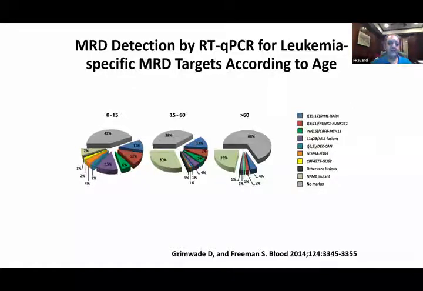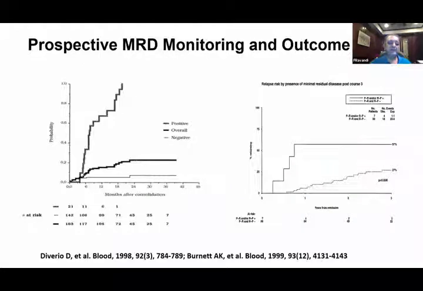And if you look at this slide from David Grimwade from a few years ago, these molecular abnormalities and fusion transcripts are much more common in the younger patients. And when you get to the group above the age of 50 and 60, a majority of patients don't have these abnormalities. So it's useful, but not universally available.